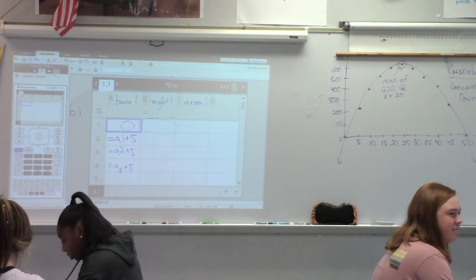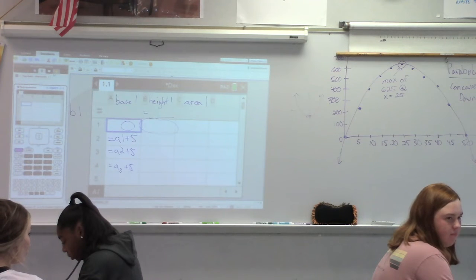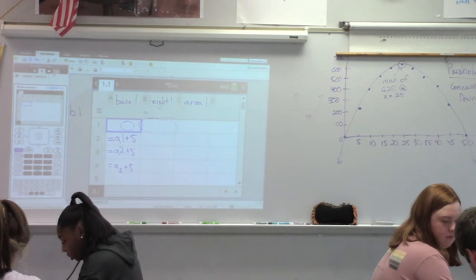So what we discovered was that the base plus the height always had to add up to 50. So that's how we got our base and height, and then area is just base times height. Does that make sense? So we did that in the calculator by using that recursive definition. So you took base and you multiplied by height.